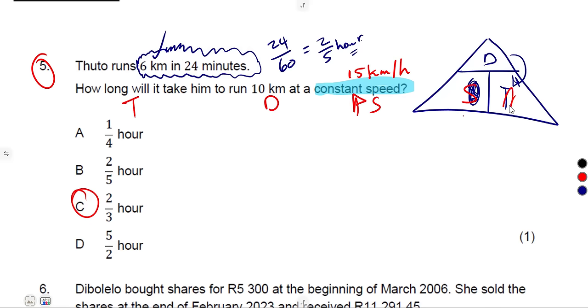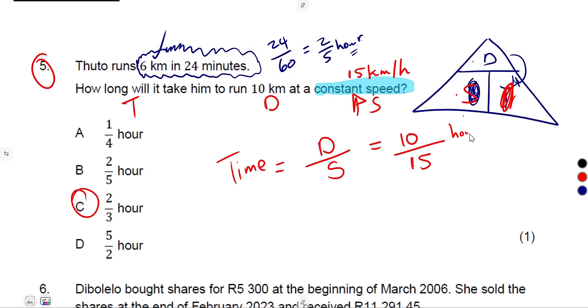How do I calculate time now? That is our question. Time is distance over what? Distance over speed. Our distance is there, which is 10 kilometers. So that's 10 in kilometers over the speed in kilometers per hour, which is 15. Our answer is going to be in hours.